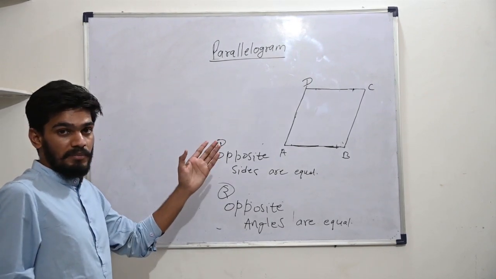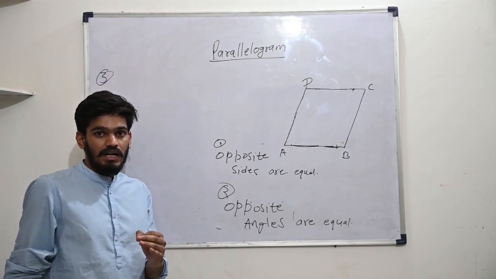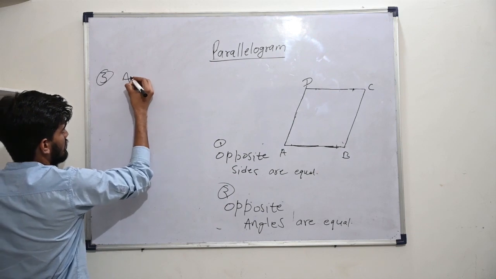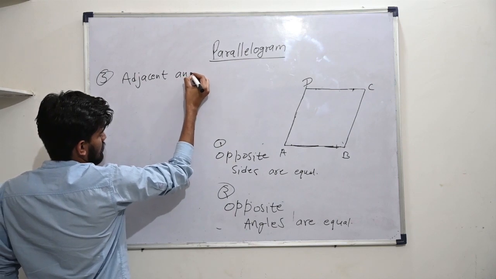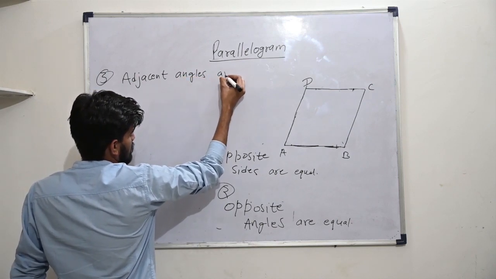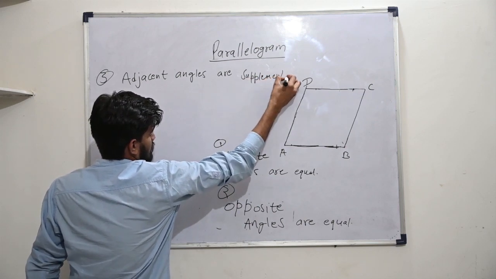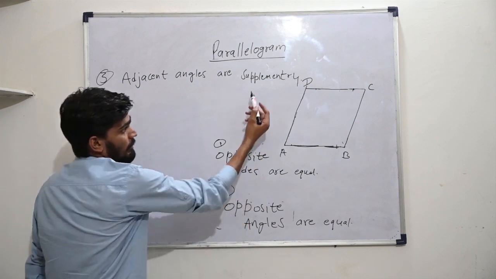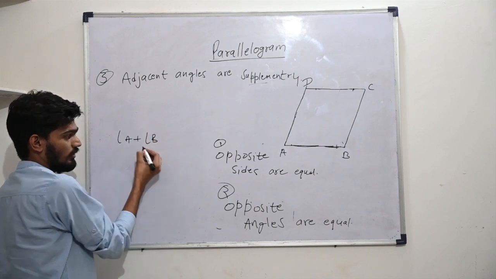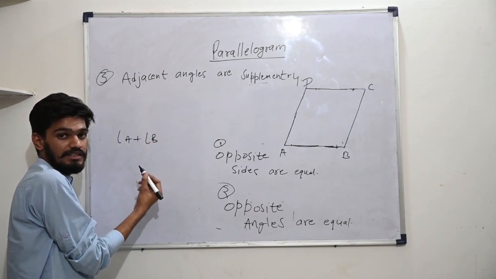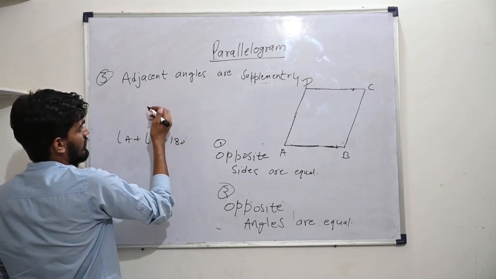Third property of parallelogram, which says that adjacent angles are supplementary. Supplementary means, let's say two angles A and B. So A and B will be called supplementary angles if their sum is equal to 180 degrees.